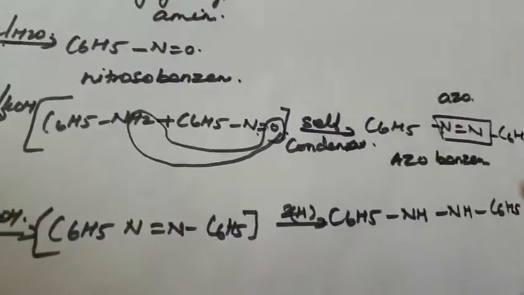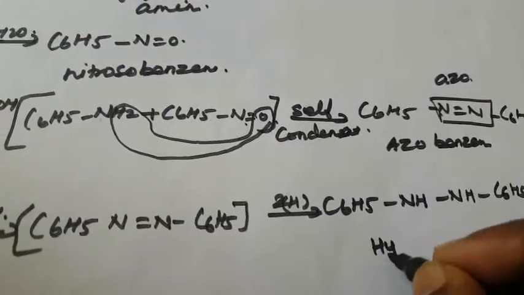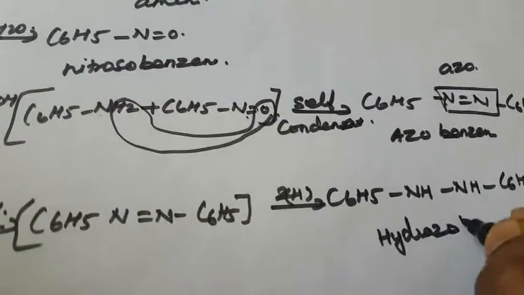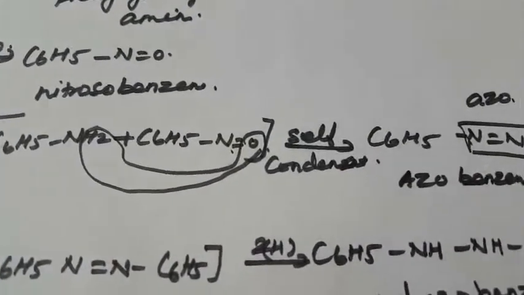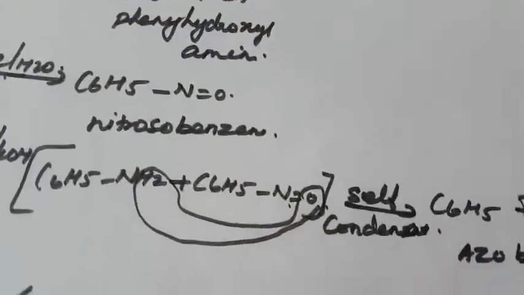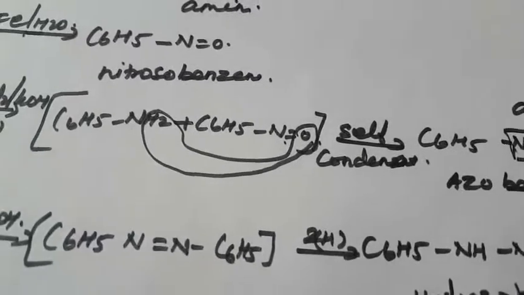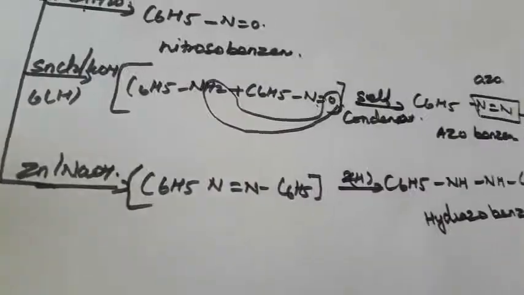So that is hydrazobenzene. Okay, so this is the another one. Chemical properties of nitrobenzene. Next one is electrolytic reduction of nitrobenzene.